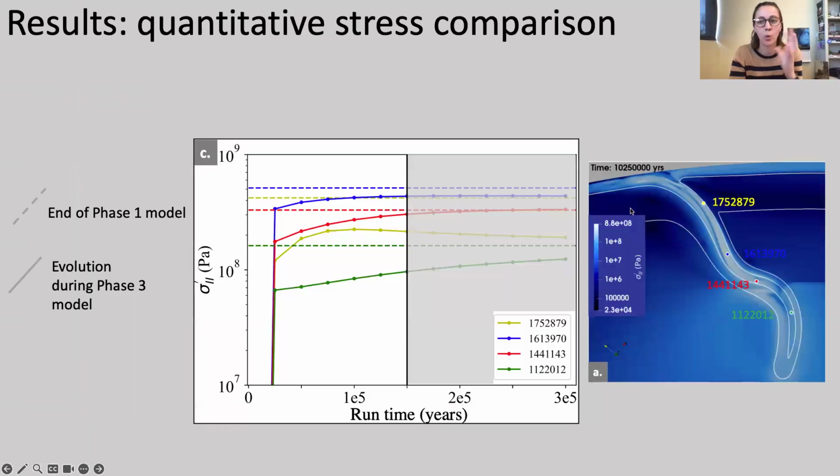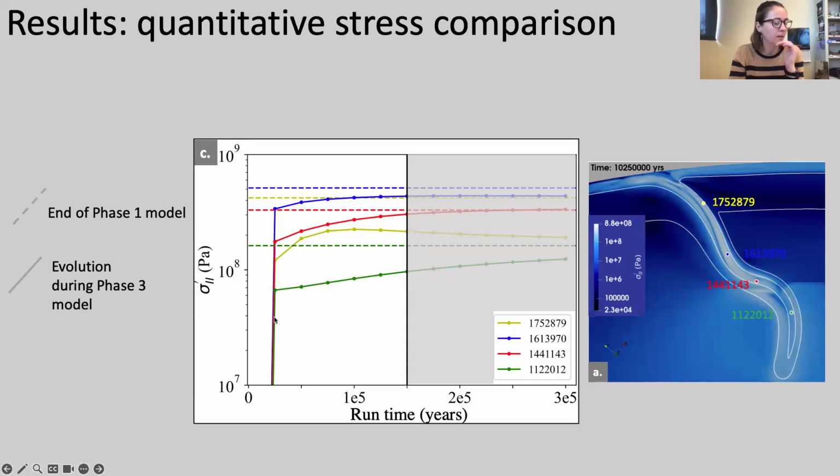To look at this a little more quantitatively, for 4 points that I selected from various depths within the slab, I plotted the stress as a function of time for each of these 4 points in a solid color line for phase 3. So as the model's running, this is the stress evolution for a particular point, and the dashed line in the same color is the level of stress at that corresponding point at the end of phase 1.